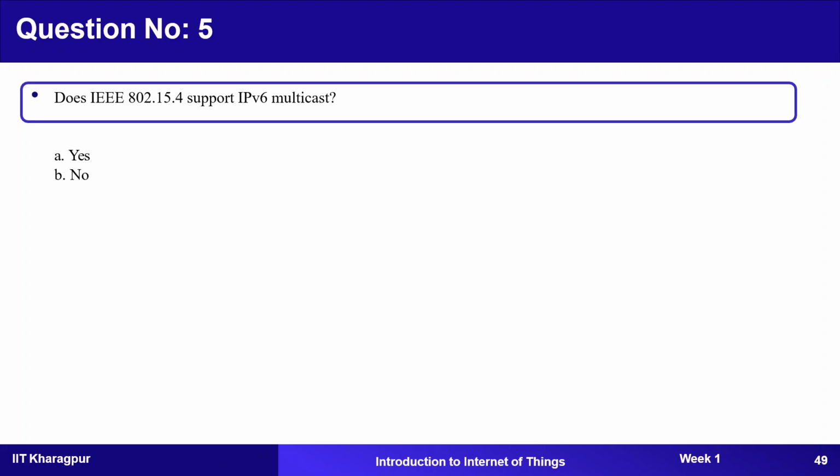This temperature sensor will be your publisher, which is going to generate the temperature value by sensing the environment and publish that temperature value to your broker. However, your subscribers are different devices which are using different applications.